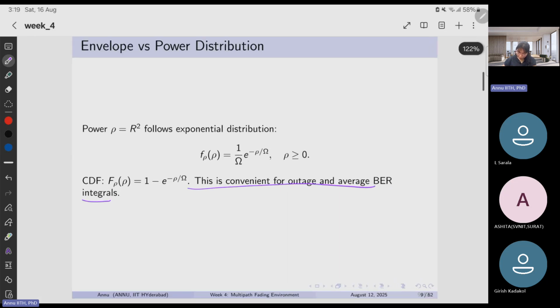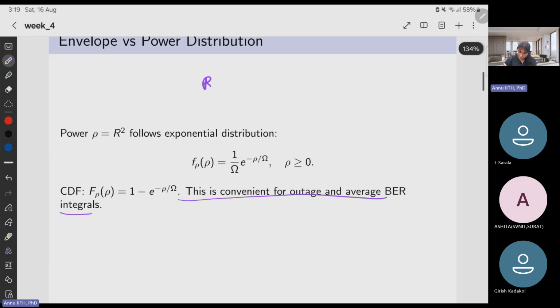If you integrate it, this is convenient for outage and average BER. So for this power, R is what? Root over, sorry, mod of x it was, right? It is an envelope, and it was the square root of x_I square plus x_Q square.